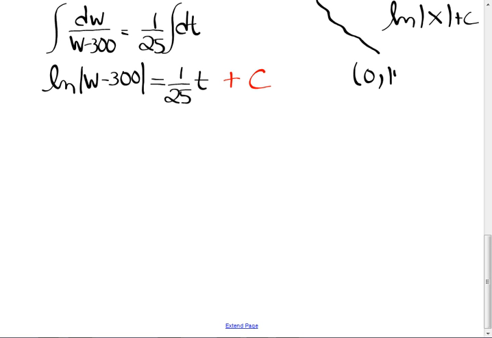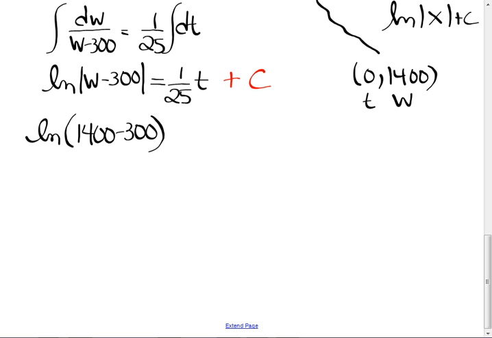Find c. So you know it goes through that point, right? So this is t and this is w. Why don't we substitute it in right now? Because that's easiest. So it's the log of 1400 minus 300, which is clearly a positive number, equals 1/25 times 0 plus c.